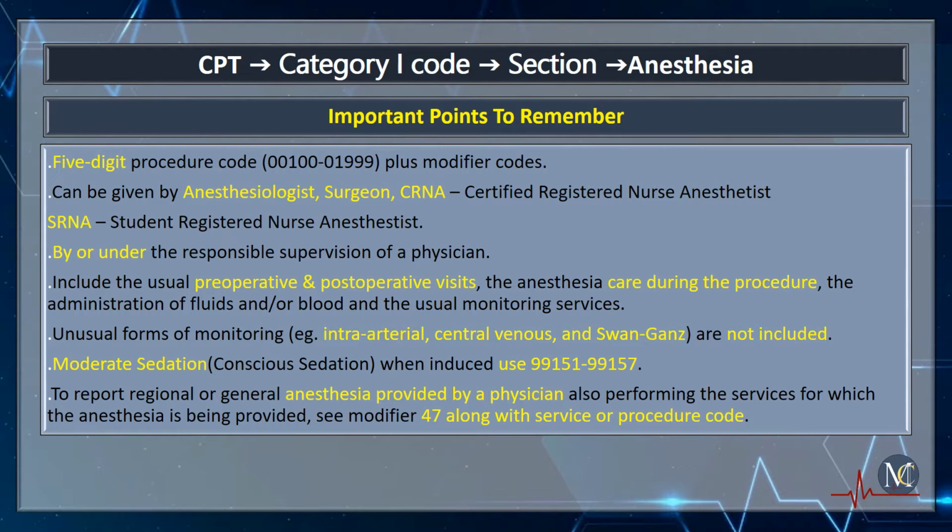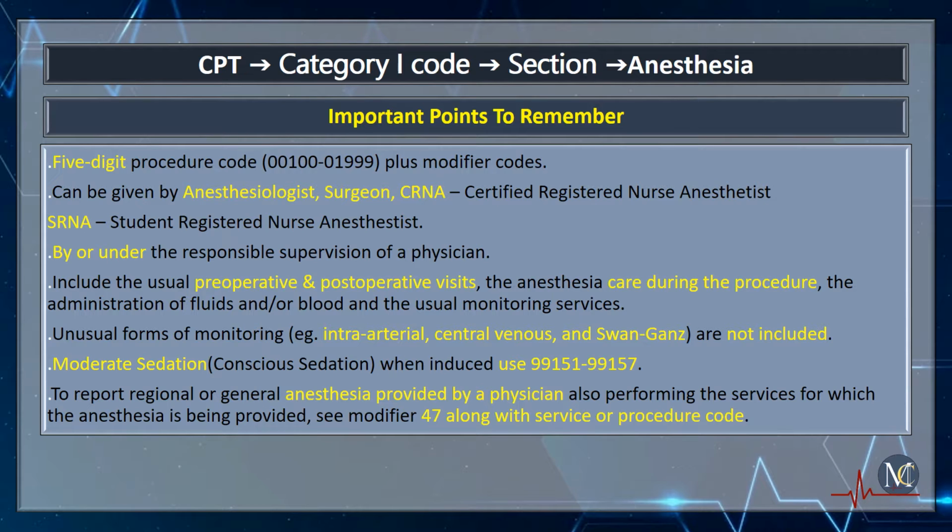Anesthesia can be given by an anesthesiologist, surgeon, certified registered nurse anesthetist, or student registered nurse anesthetist. The reporting of anesthesia services is appropriate by or under the responsible supervision of a physician.